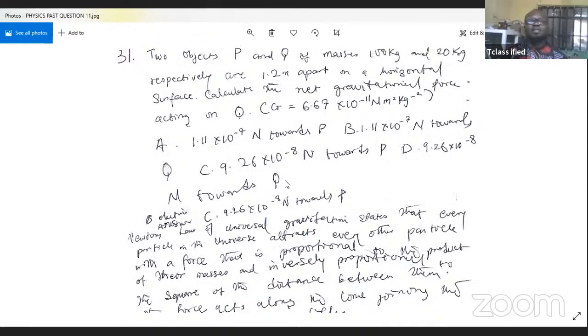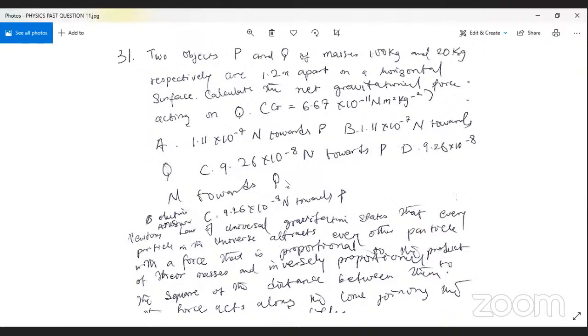Okay, two objects P and Q of masses 100 kg and 20 kg respectively are 1.2 meter apart on a horizontal surface. Calculate the net gravitational force acting on Q. G is equal to 6.67 times 10 to the power minus 11 newton meter squared per kg squared.